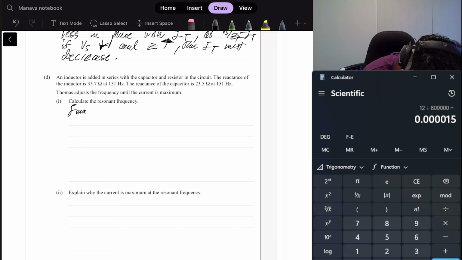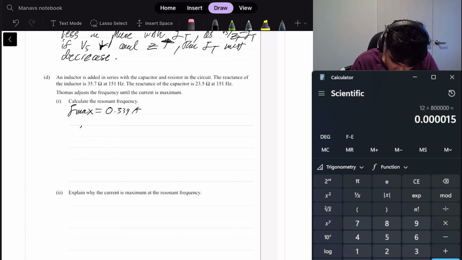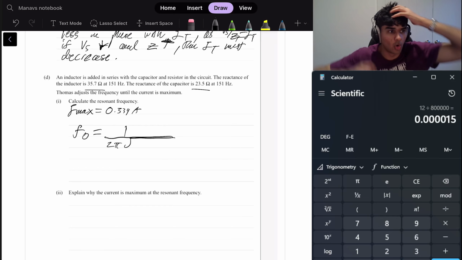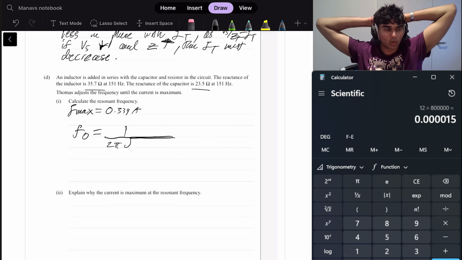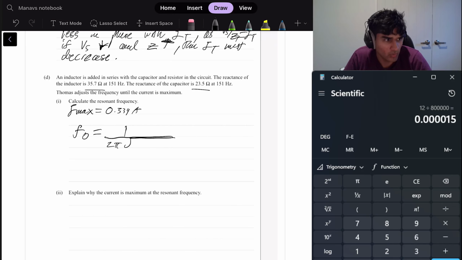So Imax is equal to 0.339 amps. Oh, we don't even need it. Let's use this equation right here. I don't use this equation that often, but it's helpful. LC, so we got L and C. These are reactances.